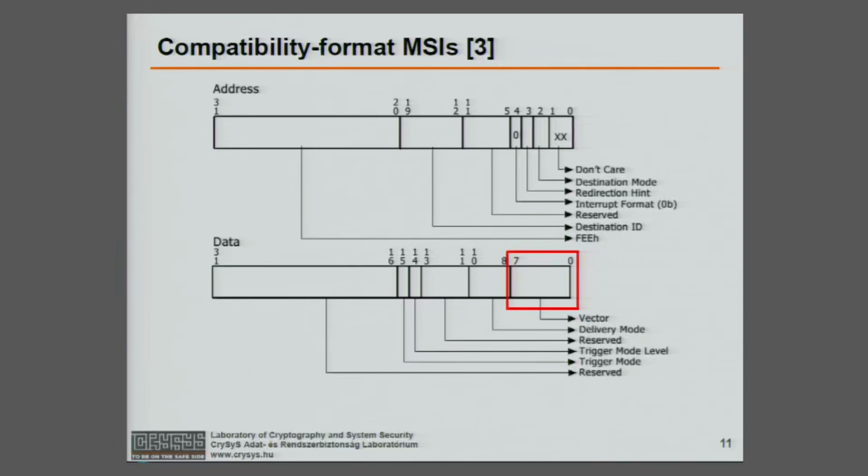The vector itself specifies what kind of interrupt you want to deliver to the CPU. And of course, you can specify which CPU you are interested in: just a single CPU, a bootstrap CPU, or an application CPU, or all the CPUs, so you can specify the destination mode as well.